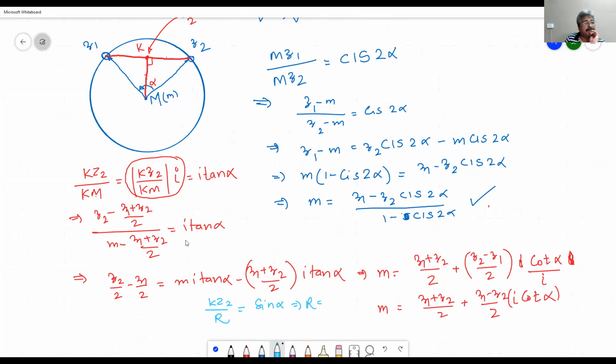KZ2, just now we have found, was Z2 minus Z1 by 2, so the absolute value of Z1 minus Z2 by 2 times cosec alpha.